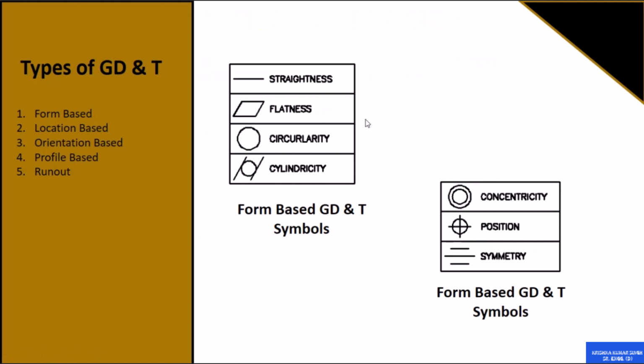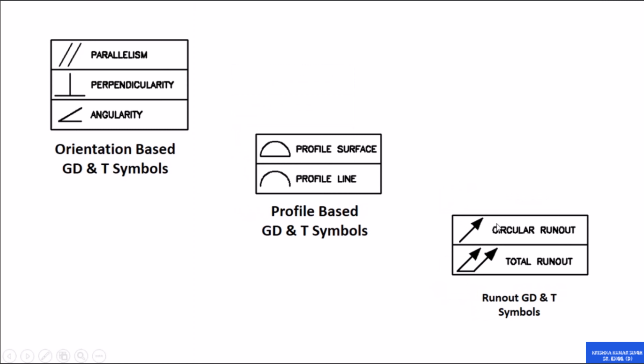Some are on the form: straightness, flatness, circularity, cylindricity. There is another group, like concentricity, position, symmetry, or orientation: angularity, perpendicularity and parallelism. These are on the basis of profile. These are based on the note, as I told you about the datum.